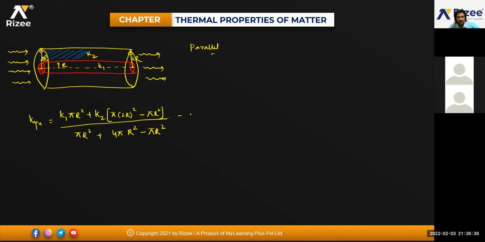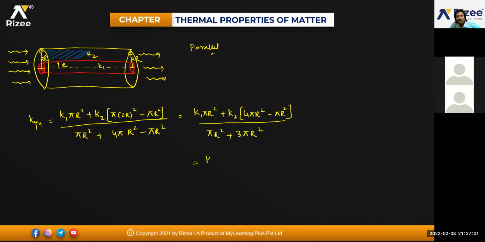If I simplify this, it becomes K1 into pi R square plus K2 into (4 pi R square minus pi R square), divided by pi R square plus 4 pi R square minus pi R square. The denominator becomes 4 pi R square, and the second term has 3 pi R square.